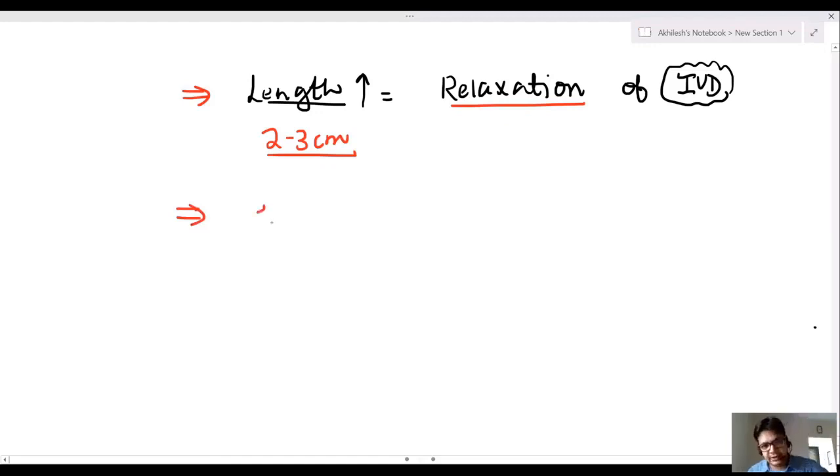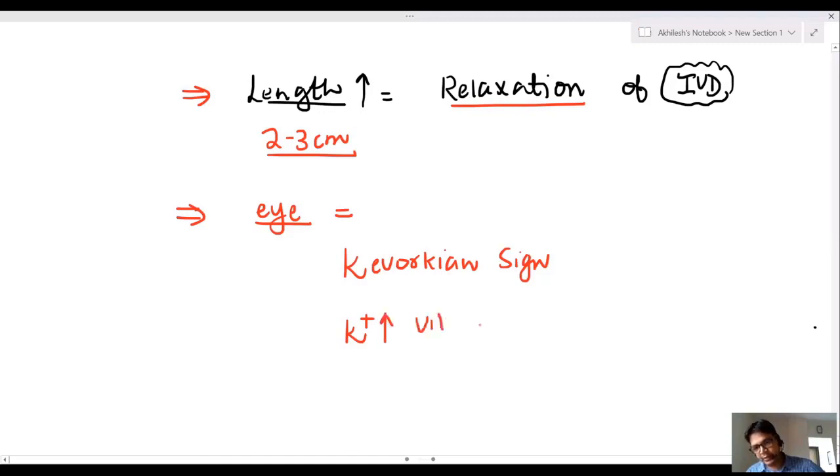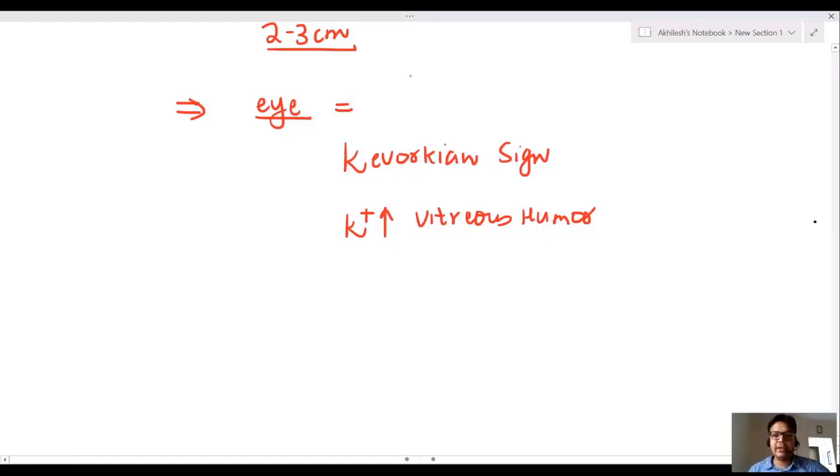Third, we have eye changes. What are the changes in eye? Just remember K, K. First is Kevorkian sign, and potassium increases in vitreous humor. What is Kevorkian sign?